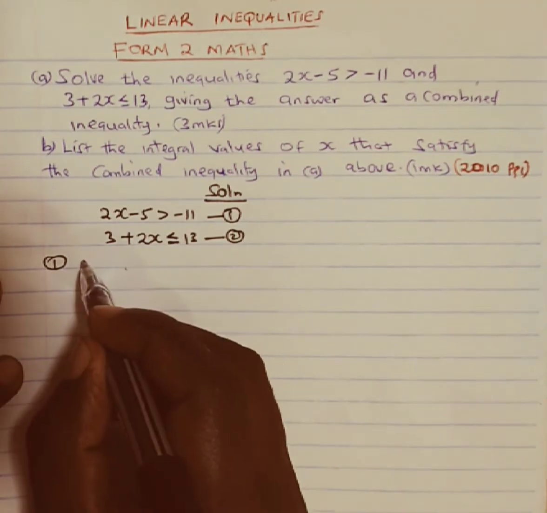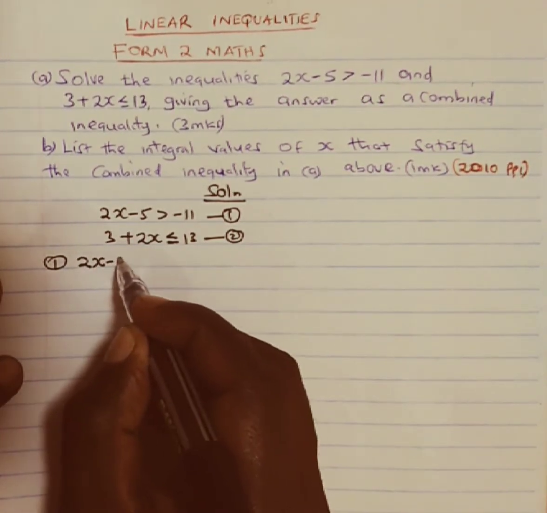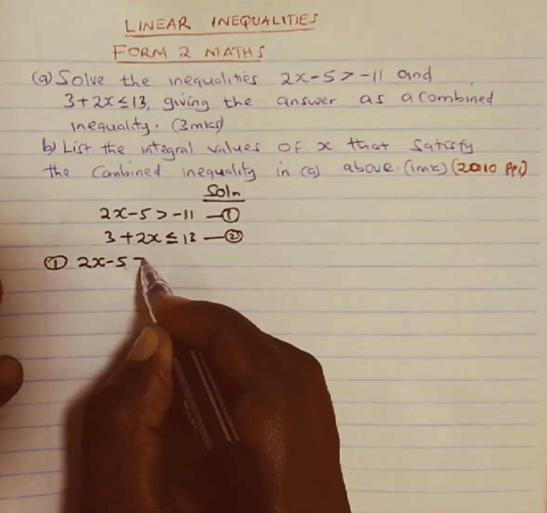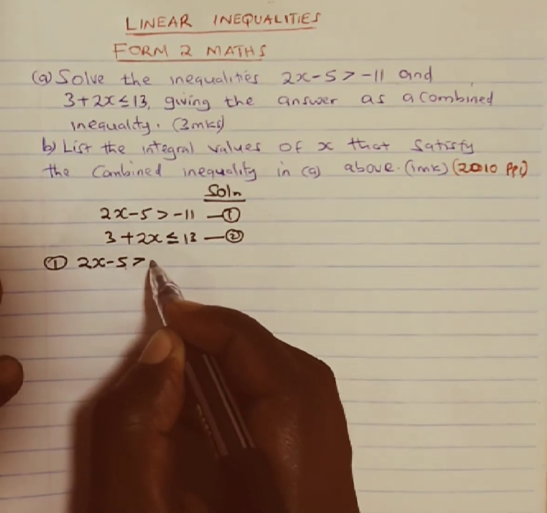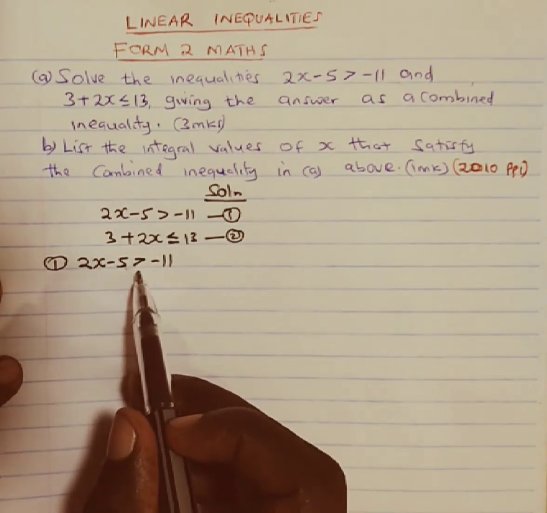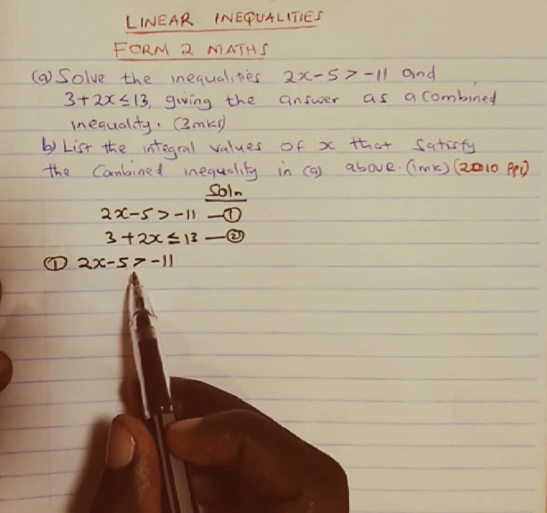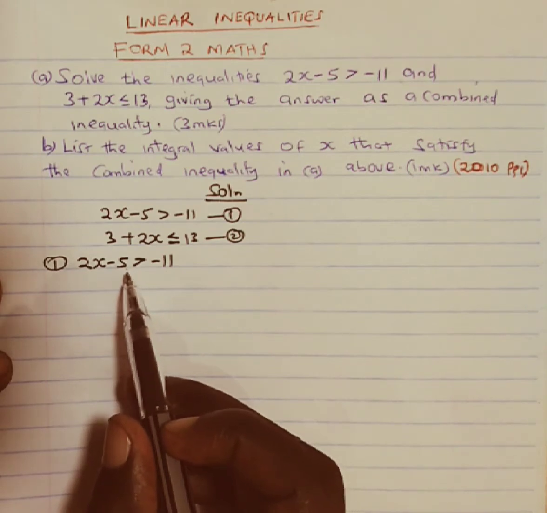The first one is where we have 2x minus 5 being greater than negative 11. Remember, the inequality symbols serve as equal signs, and therefore we are going to proceed by combining the like terms.